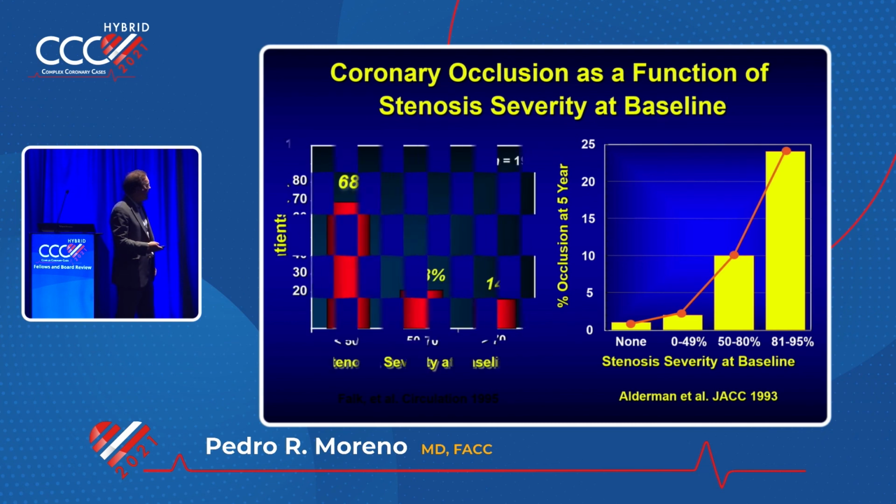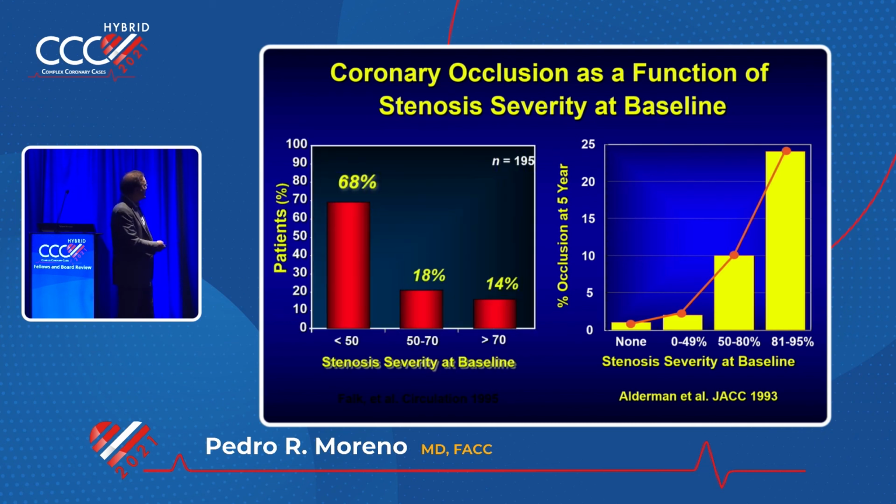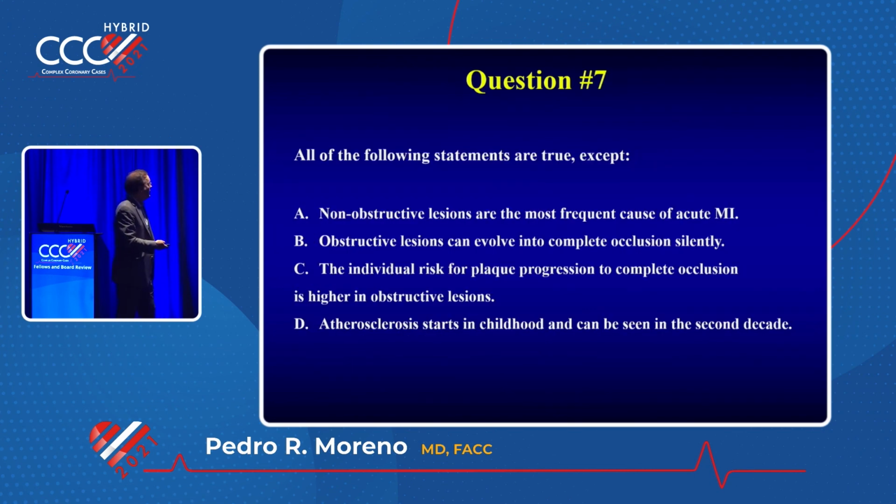So there is a dilemma here. The plaques that give you MIs are predominantly non-obstructive. But when you analyze the non-obstructive plaques individually, you see they are almost harmless. Complex, huh?